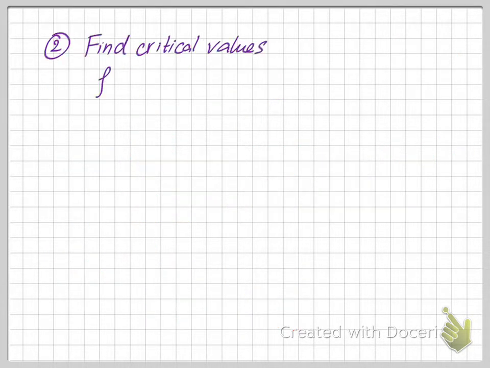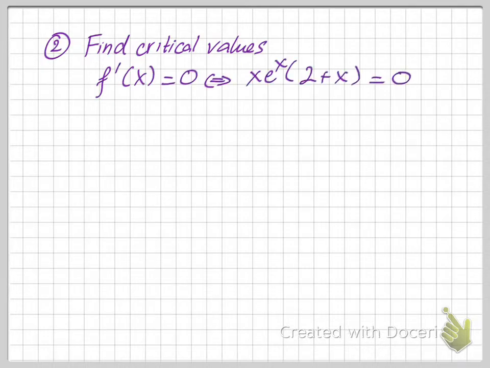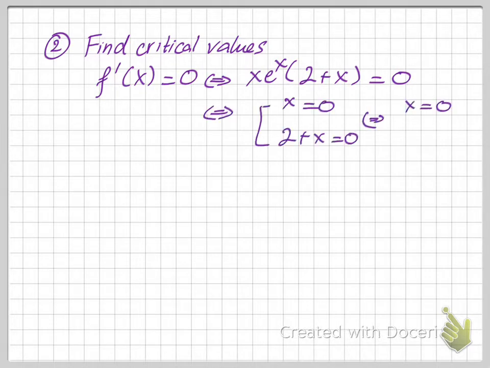Second, once we have the first derivative, we can find the critical values by first setting the first derivative equal to 0, which is x e to the x times 2 plus x equals 0. And we can find that the values for x have to be either x equals 0 or x equals -2 for this first derivative to equal 0.